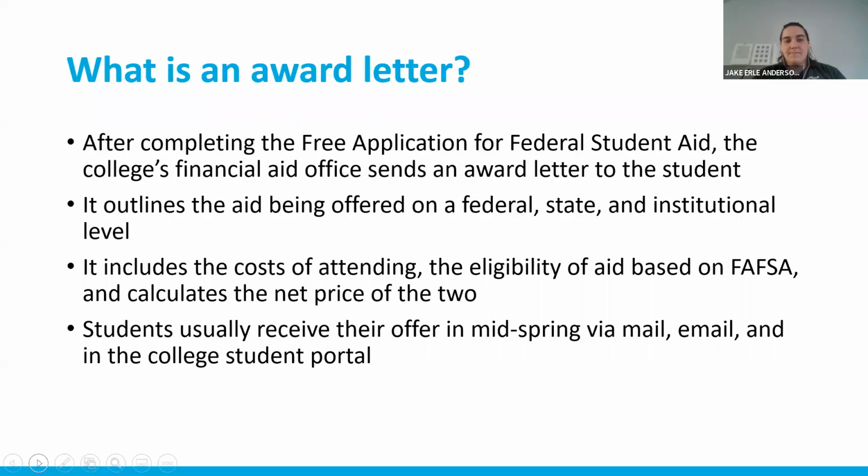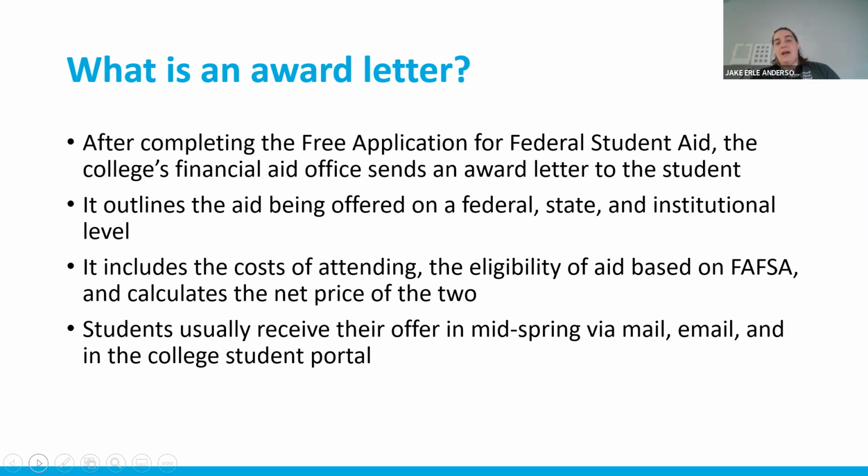The next slide. So first and foremost, we need to go over what an award letter is. After a student fills out the FAFSA application, the college's financial aid office will send an award letter. An award letter outlines what is being offered on a federal, state, and institutional level as far as financial aid and scholarships.